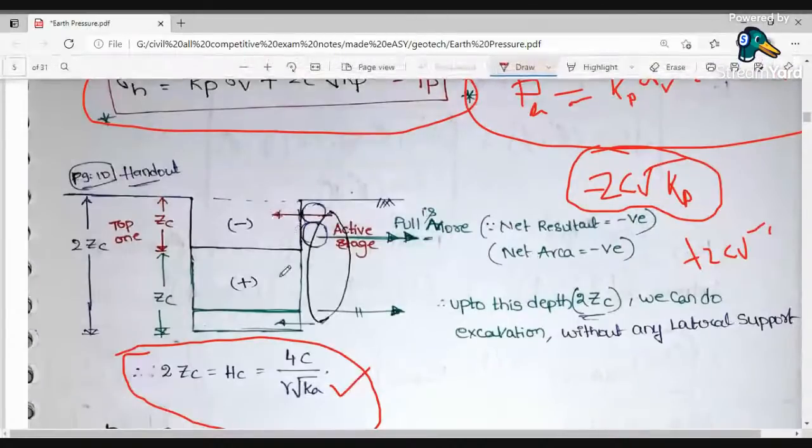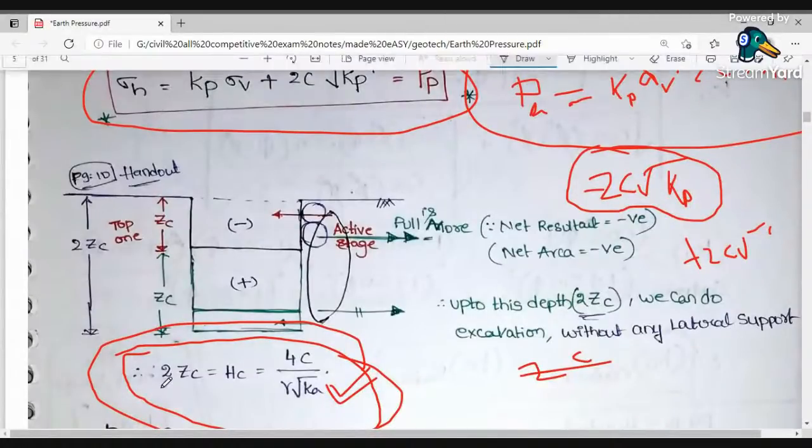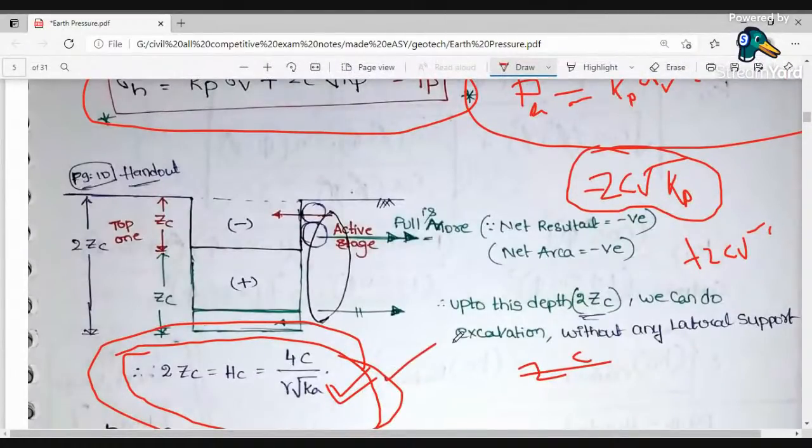After overcoming this, the value which is observed, that is twice of Zc, is 4c over gamma root Ka. We have to remember this formula. This is nothing but the depth of the unsupported cut, and tension crack depth is 2c over gamma root Ka. Tension crack is the depth where the effective stress sigma H is 0, when the value is 2c over gamma root Ka.